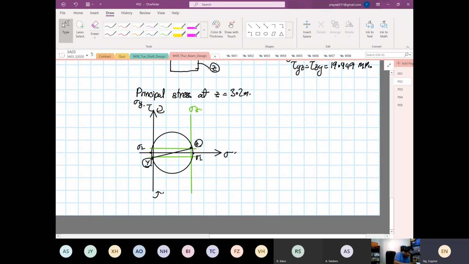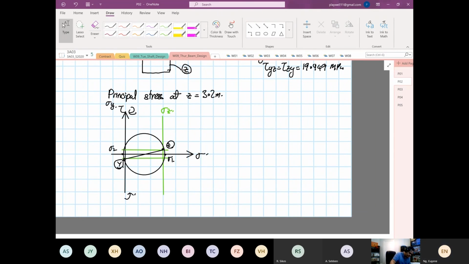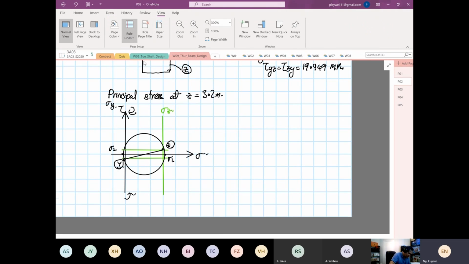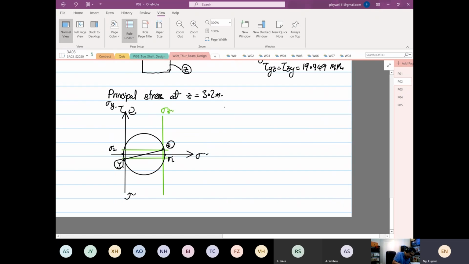Before we do that, again, the procedure is very standard. We have the center of circle, which is the stress average.